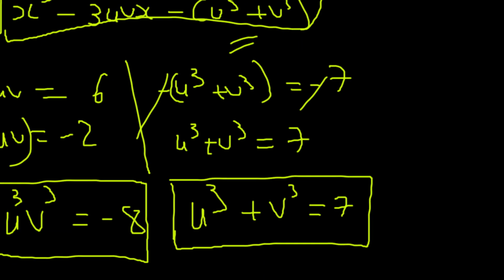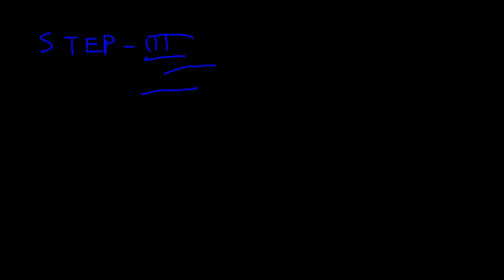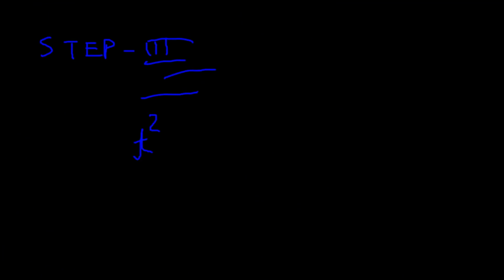So step 3 states that we're going to put the value of u and v in the quadratic equation, which is t square minus (u cube plus v cube) t plus u cube v cube.